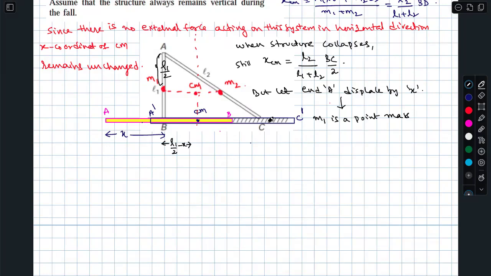Next, similarly, at a location L1/2 minus x. Similarly, how far is end C initially? End C initially is at a location of BC before collapsing.